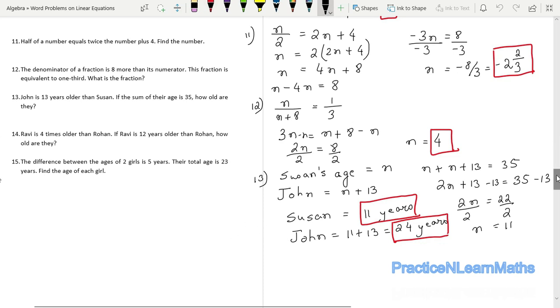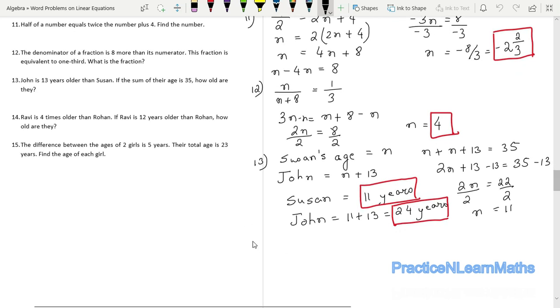Now sum number 14. Ravi is 4 times older than Rohan. Also, Ravi is 12 years older than Rohan. How old are they? Let Rohan's age be x years.